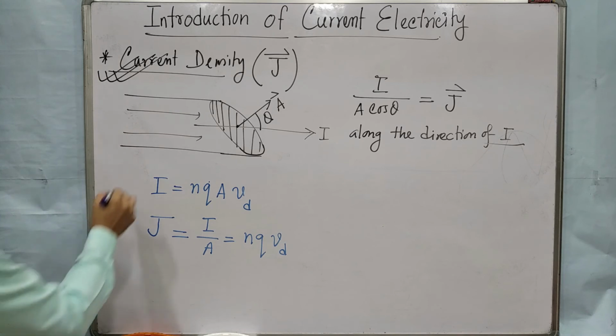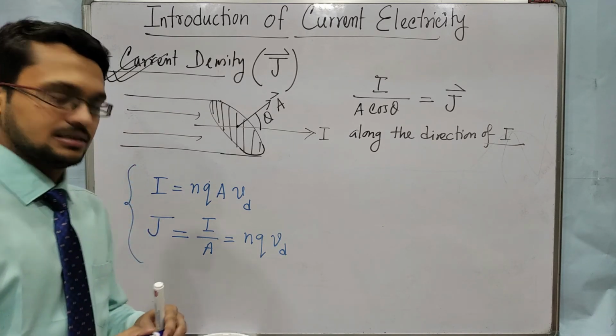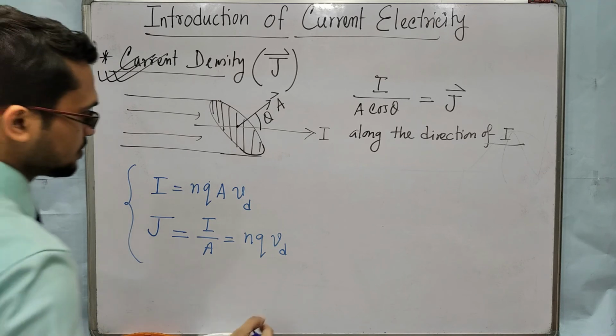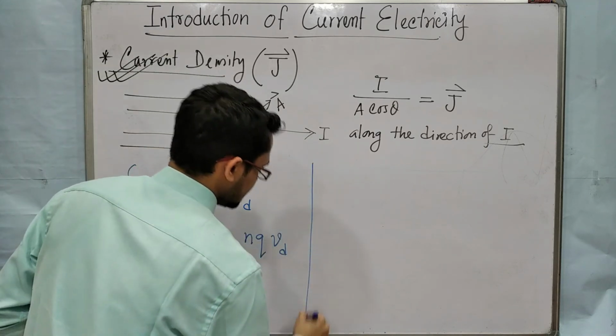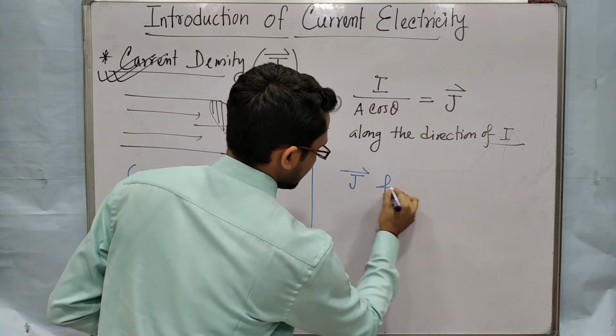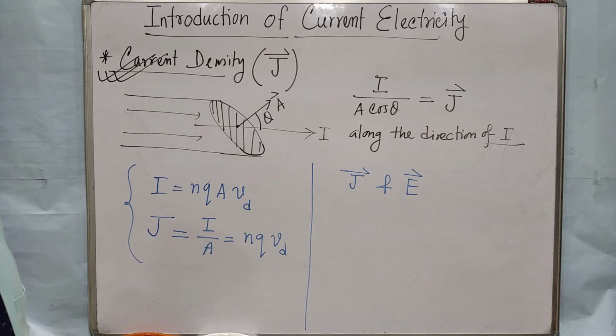These things we will discuss elaborately in the next class of current electricity. So now this current density J and electric field, they are related to each other.